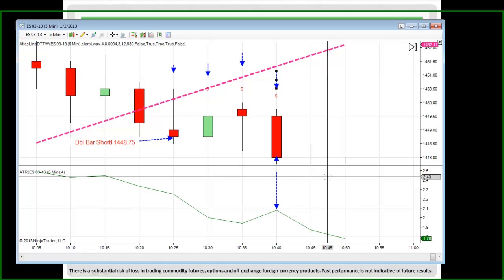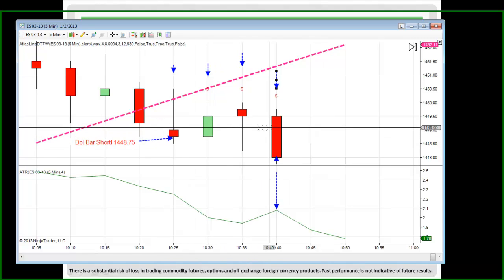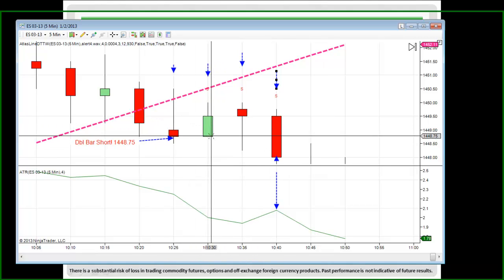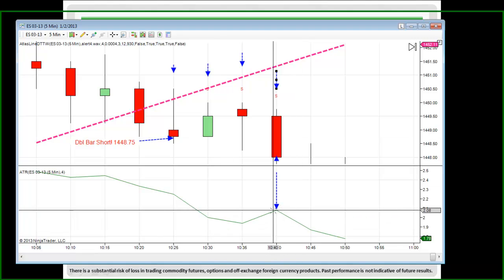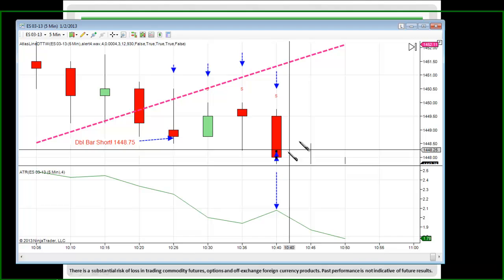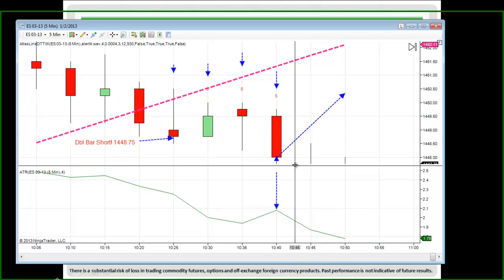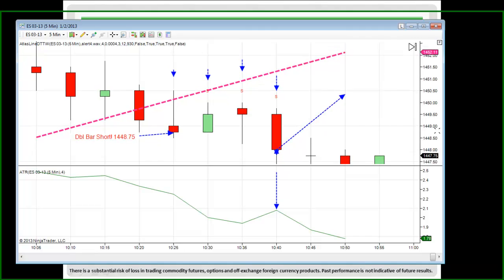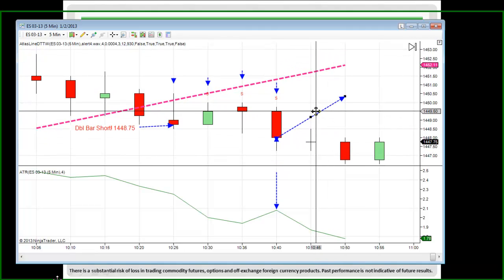If the market is more volatile, and the candles prior to it have a larger range, then this is going to be a larger value. It's a 1-to-1 ratio. So I can expect from this point the market to move up 2 points or down 2 points.